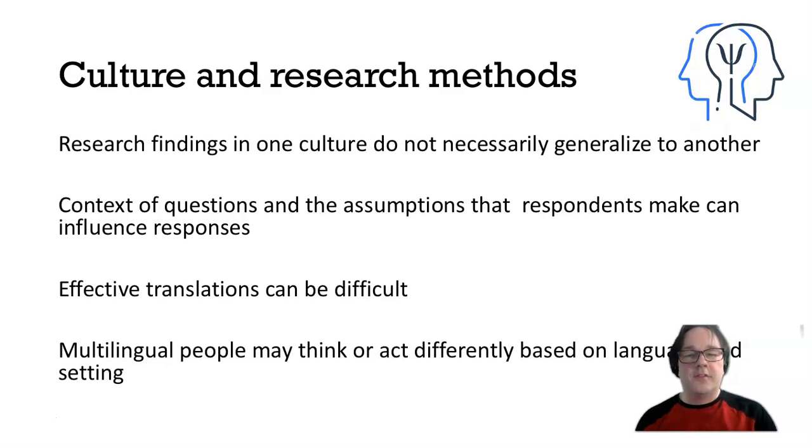And when it comes down to saying, okay, well, I have this scale and it's been standardized, I've tested it out, why can't we just translate it into Russian or Chinese or anything like that? Well, effective translations can actually be really difficult because we're not dealing with legal documents here.